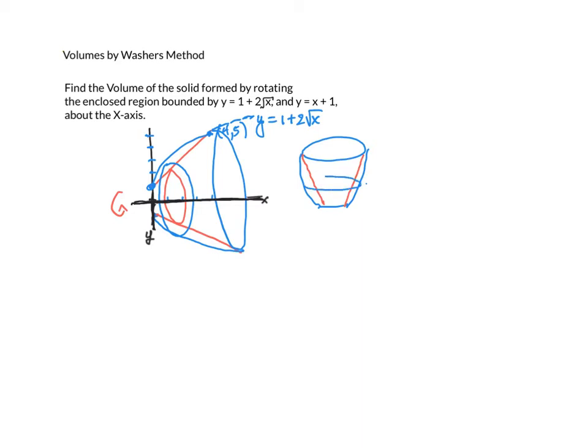If I take a cross section, I would get a washer or a shape of a donut. Let's draw it out here. So here's the cross section. First I start out with the solid, and then I remove a cone. I carve a cone and remove it from the solid.